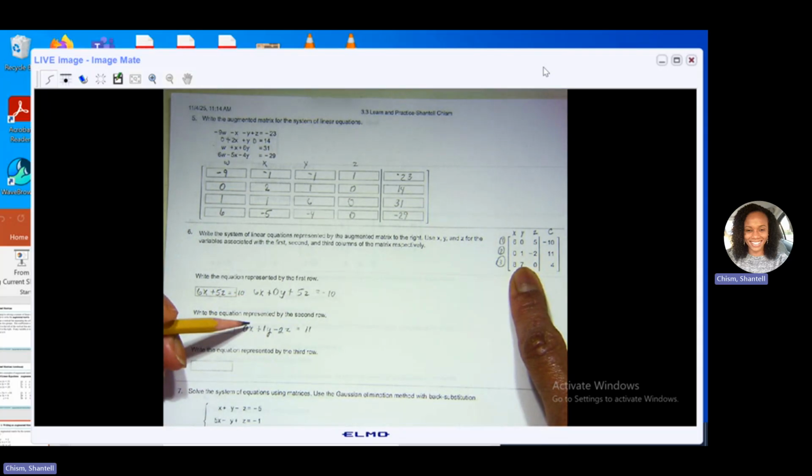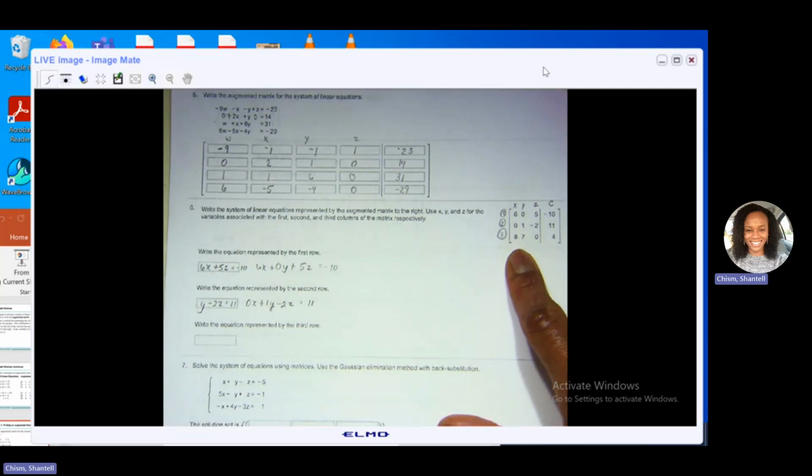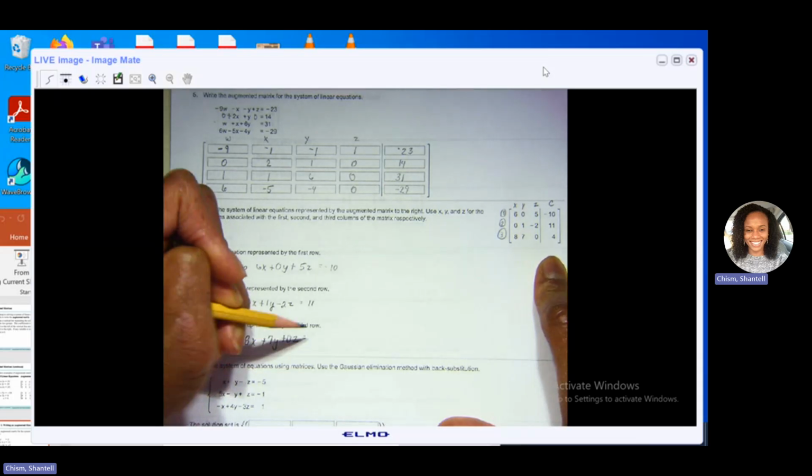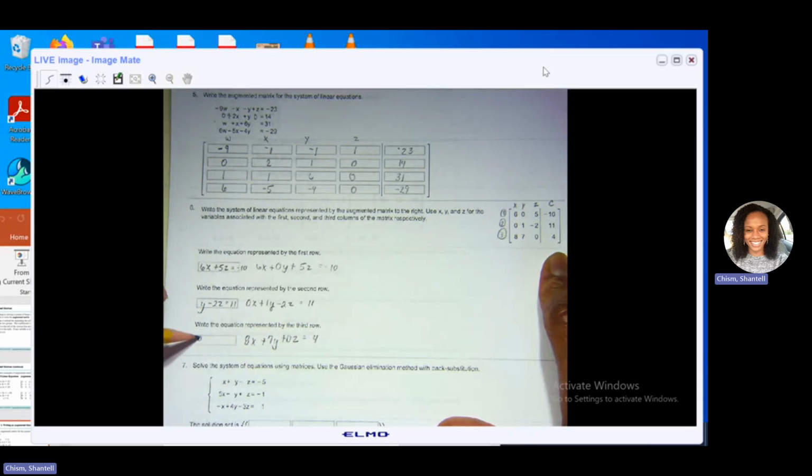Again, no need to show the zero. So we've got 1y, so just y, minus 2z equals 11. And then the third equation, we've got 8x plus 7y plus 0z equals 4. So 8x plus 7y equals 4. Okay?